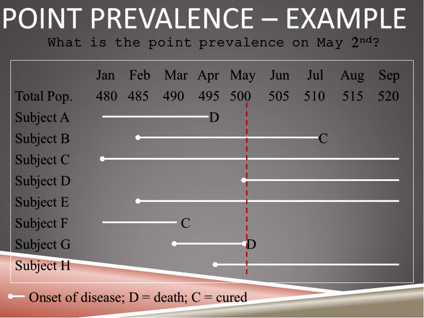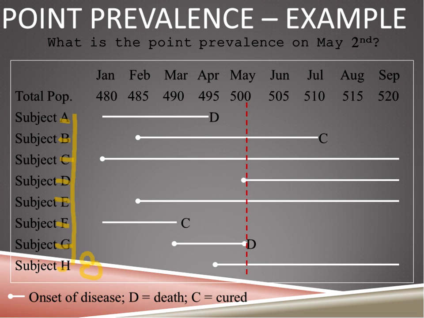So here's our example of point prevalence. What is the point prevalence? These are all cases. We have 1, 2, 3, 4, 5, 6, 7, 8 possible cases. Out of these 8 people, how many had the disease on May 2nd? That's what this red line represents.